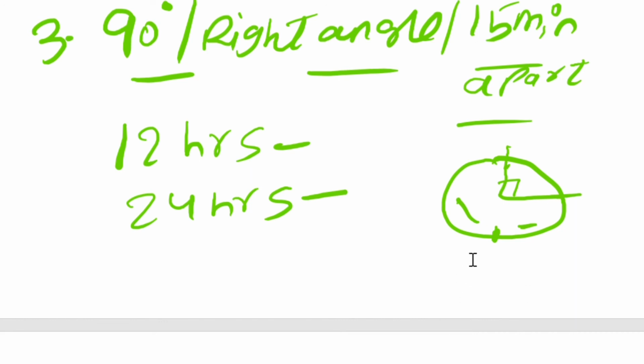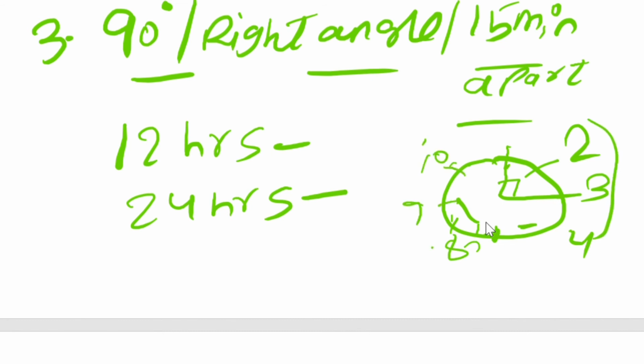So there is a 2 right here, 2, 3, 4, like this. And similarly here we have 7, 8, 9, 10. So between 2 to 4 and 8 to 10 they will form a right angle only once.